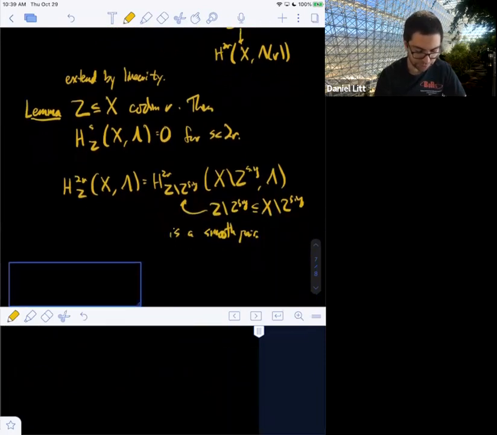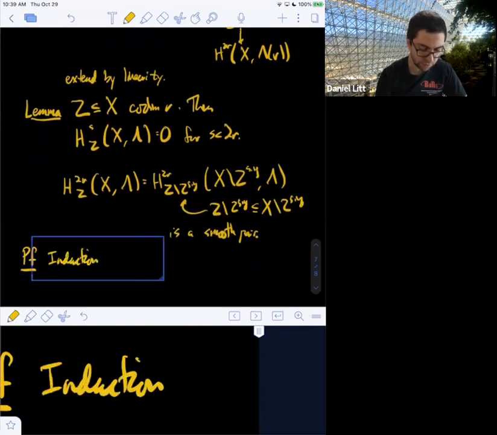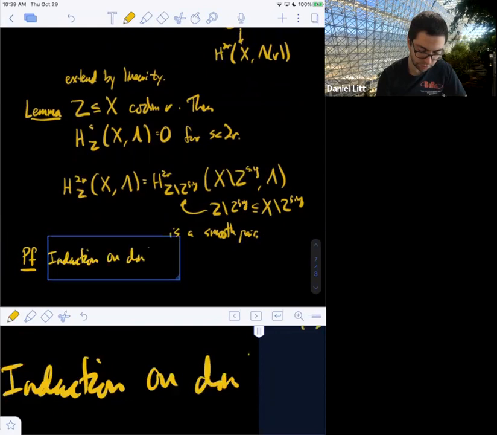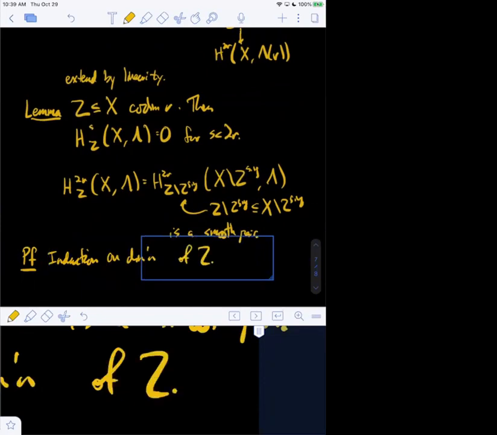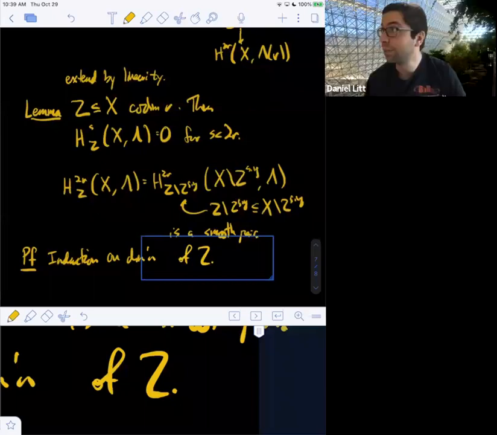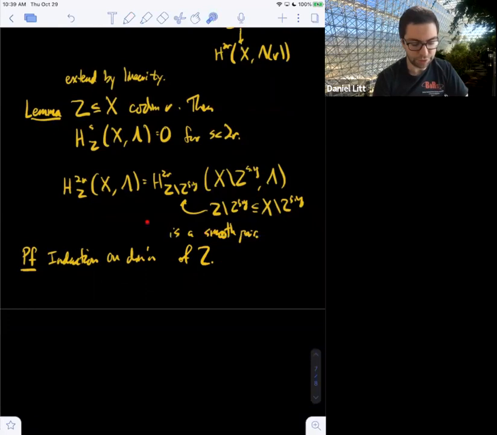Okay, and I won't say much about the proof. What I'll just say is that the proof is an induction on the dimension of Z. I'm really sorry, you guys, this is very annoying. Anyway, I was just saying the proof is you filter by the singular locus.